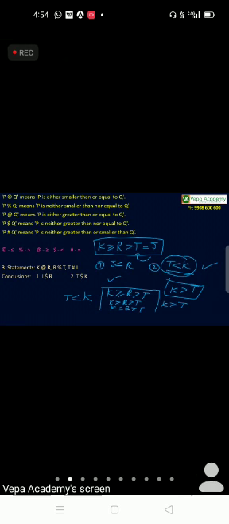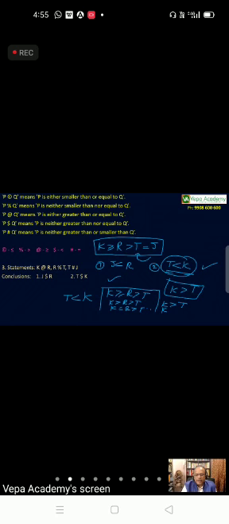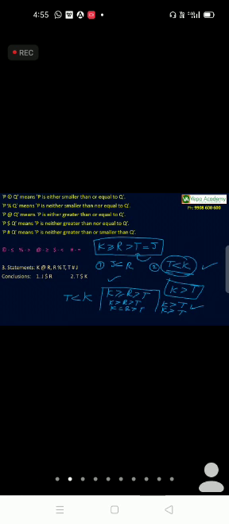Then K is equal to R means in the place of R, K can come because both are same. That means in the place of R, K is coming, then it is greater than T. Yes or no? So in both cases, we are getting K is greater than T. When K is greater than T, what can be the meaning that we can derive?